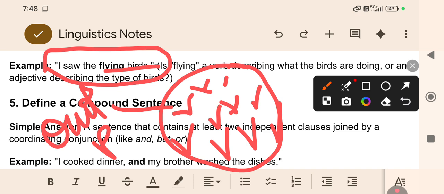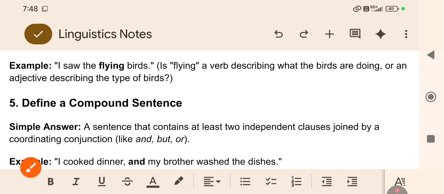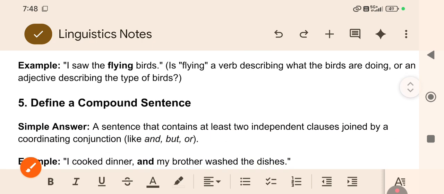So here flying becomes an adjective. In the earlier one, flying is a verb, right? So both sentences have different interpretations, and this is called inflectional ambiguity, right? So please remember this term.